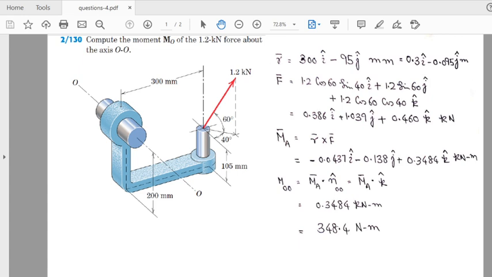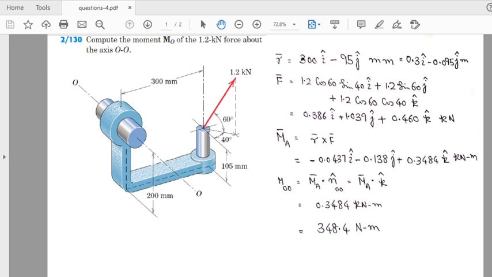So we have written the z component of force as 1.2 cos 60 cos 40 k, and sin 40 is going to be along the positive x direction. So the x component is 1.2 cos 60 sin 40 i. So that is the force vector. When we make the calculations, this is the result which is shown here, so many kilonewtons.